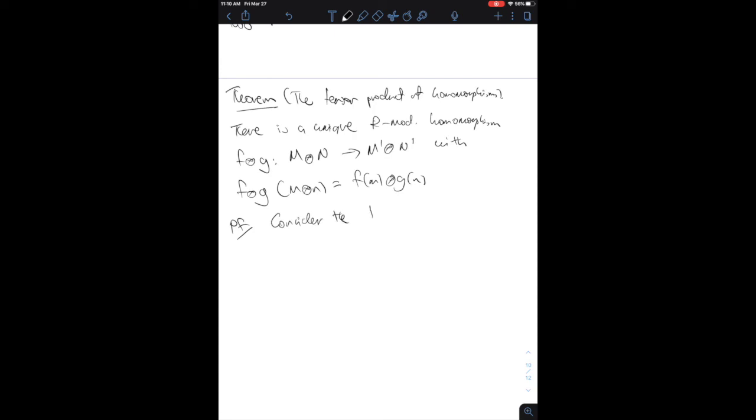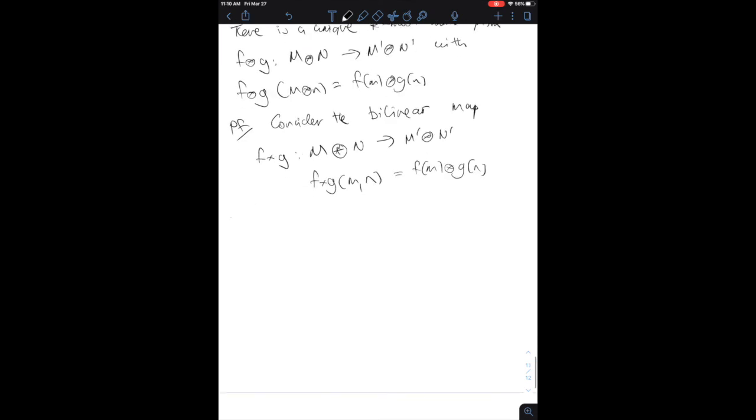Proof. So consider the bilinear map f times g from M plus N to M' tensor N', defined as (f times g)(m, n) equals f(m) tensor g(n).